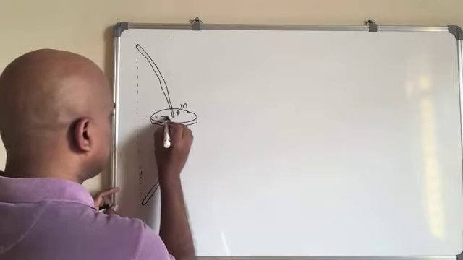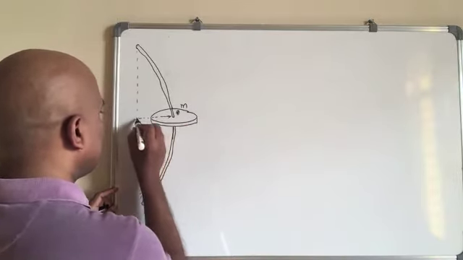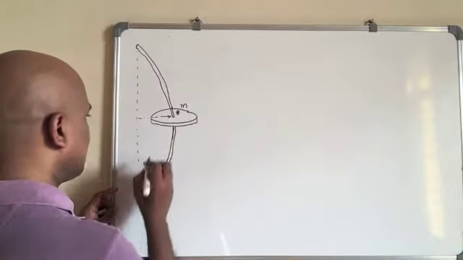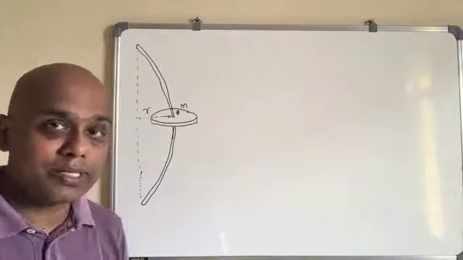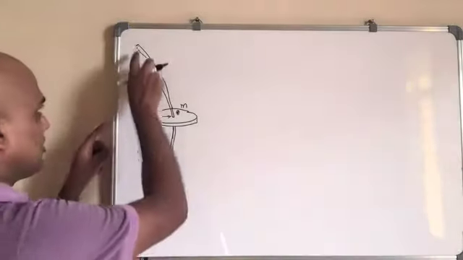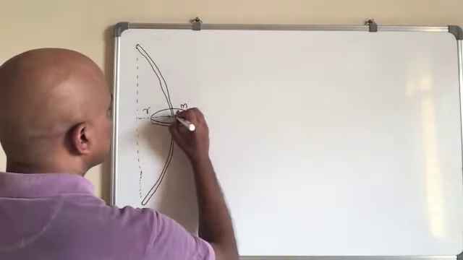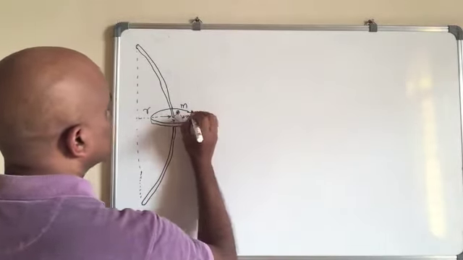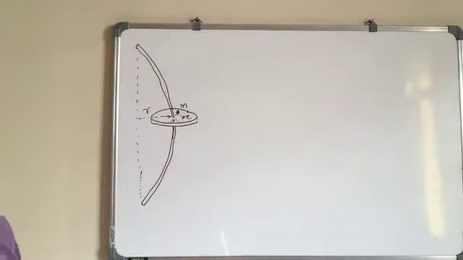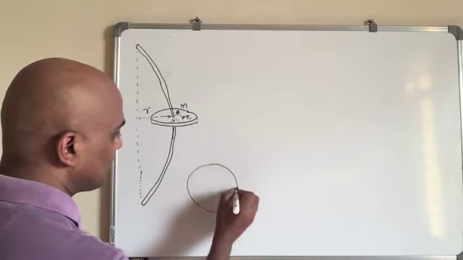We have some parameters here. This is the original axis, and the distance from here is r. This r is from the original axis, and from here to here we have a value e, the eccentricity.